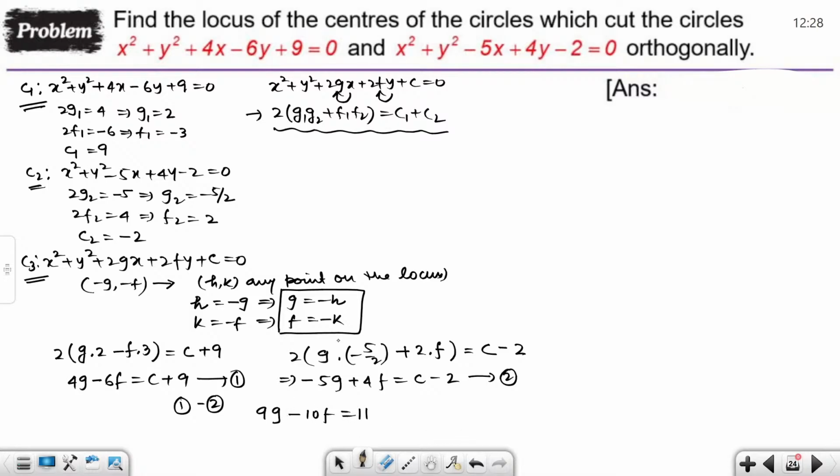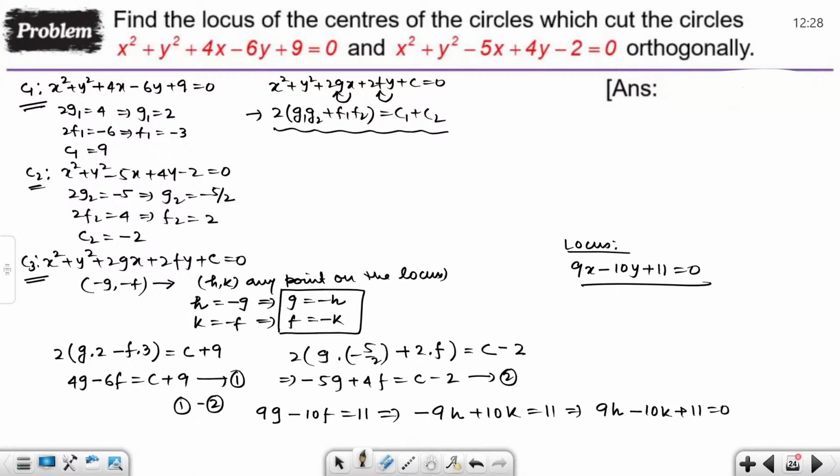Therefore, if I replace g by minus h and f by minus k, we are going to have minus 9h plus 10k equals 11. So that gives us 9h minus 10k plus 11 equals 0. Therefore, the required equation of the locus is 9x minus 10y plus 11 equals 0. Is it clear to all?